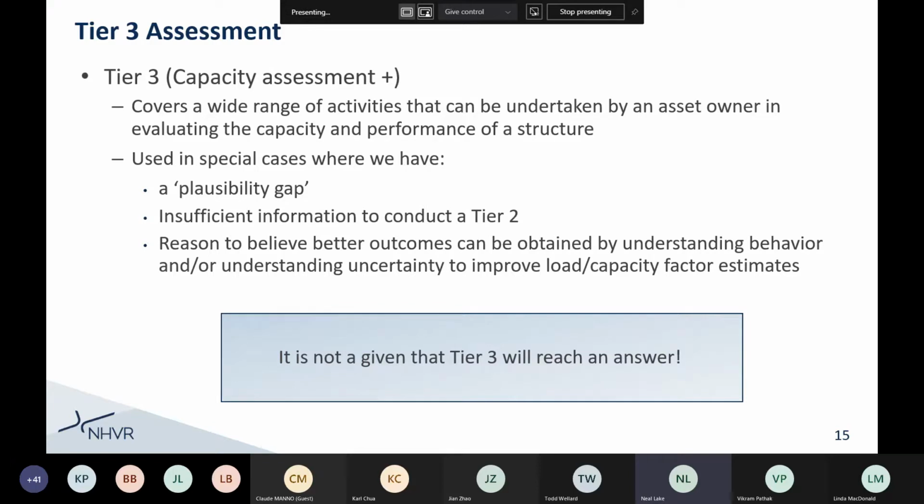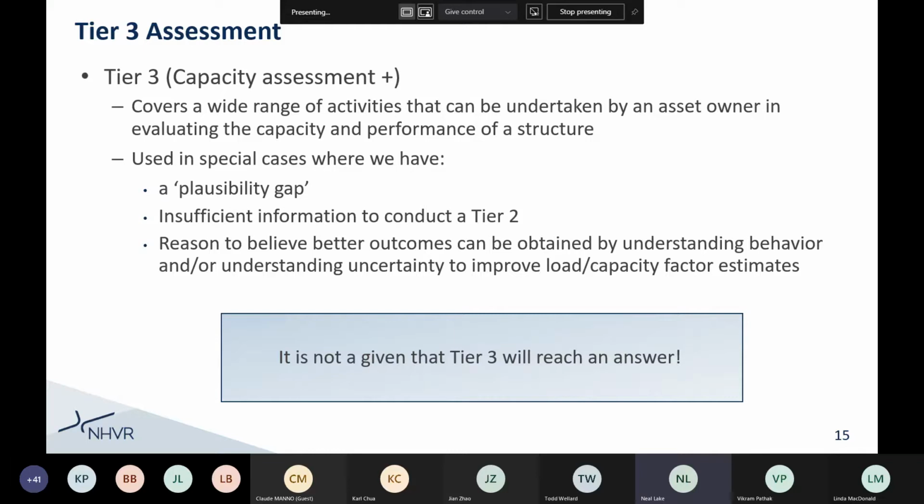There are particular times when you would undertake a tier 3 assessment, and that's often when you do something like a tier 2 assessment and the results might come back substandard for various reasons. If you went out and visited that site and looked at your level 2 inspection, condition inspection information, the structure may actually appear in really great condition.